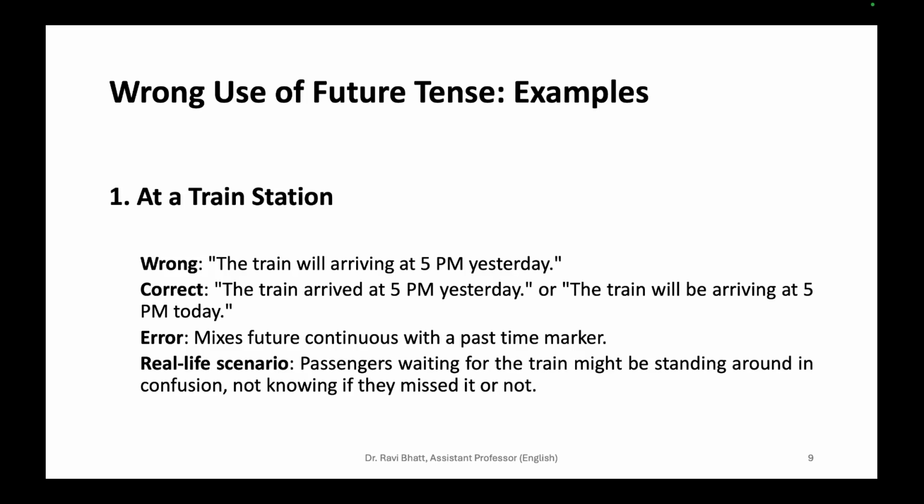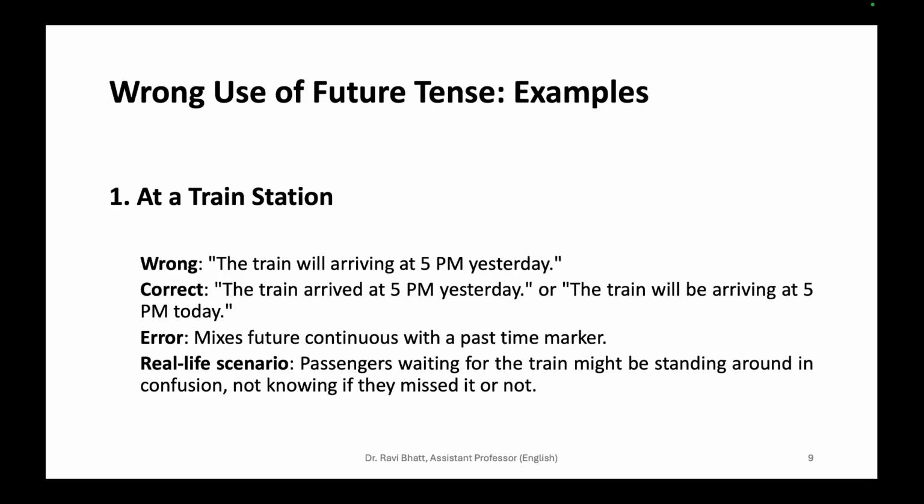Now, at a railway station, wrong: the train will arriving at 5 p.m. yesterday. Okay. Now, the correct would be the train arrived at 5 p.m. yesterday, or the train will be arriving at 5 p.m. today. Okay.